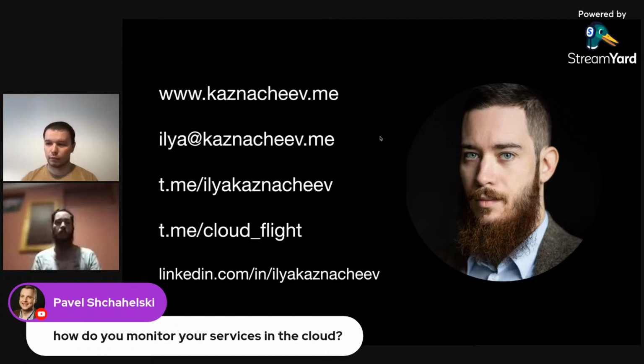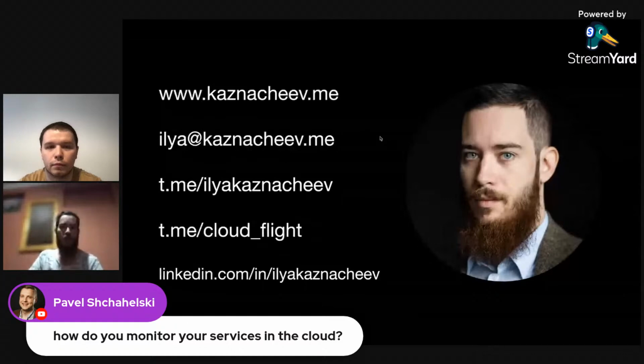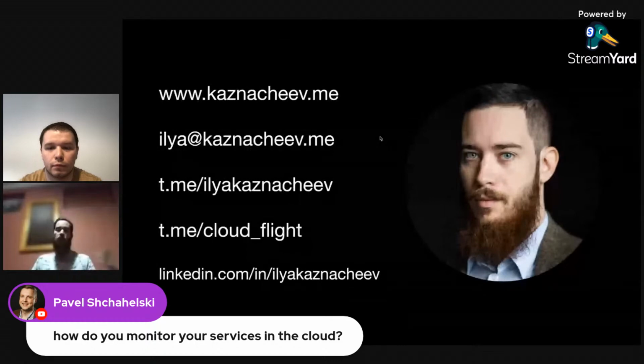For example, in Google, there is a set of observability tools for logging, for monitoring, for tracing, etc., and you can just use them either by native API or by means of some kind of standard like OpenTelemetry. The same goes for AWS, the same goes for Azure, etc.